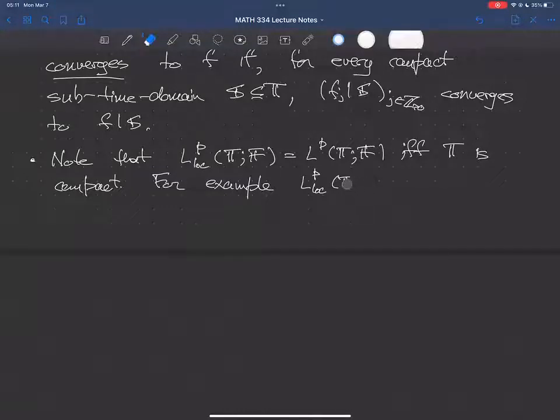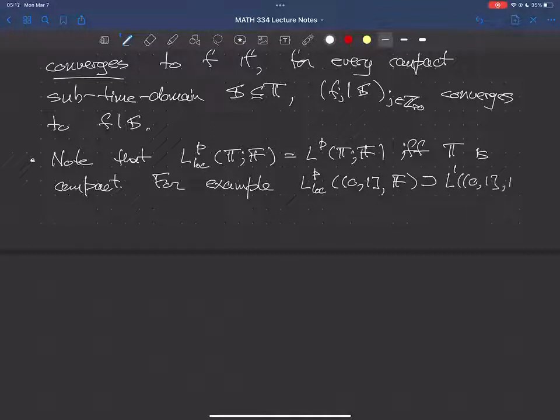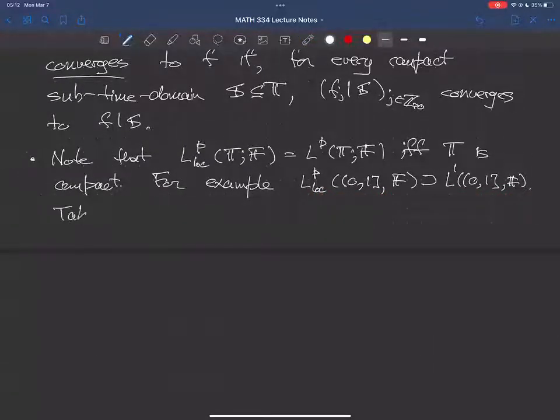The whole point was to consider a special time interval here, so let's consider [0, 1]. I claim that L^1_loc is going to be strictly bigger than L^1([0, 1]). To show this, I need to find something in here which is not in here. Let's take f(t) = 1/t.